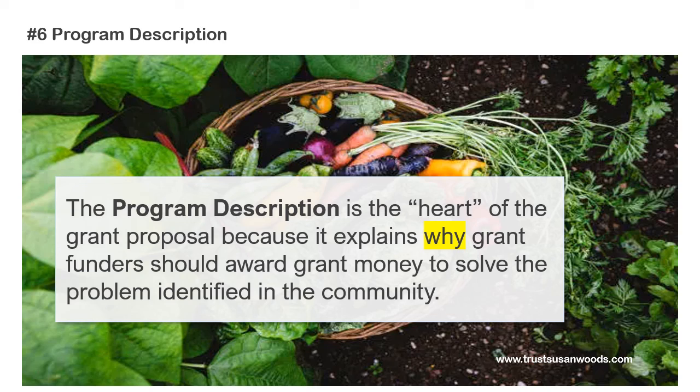Answer all of those questions. The who is going to benefit, what you're going to provide for them to benefit, where the community garden is going to be, how it is going to be set up, and when it's going to be set up. All of that needs to be listed in a program description in very clear, easy to understand detail.